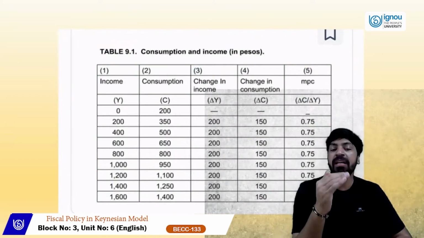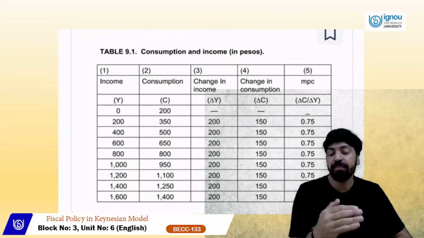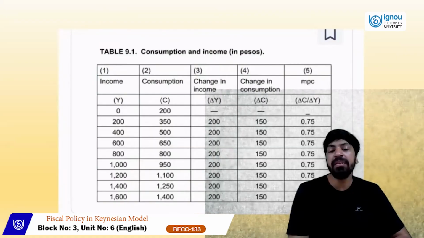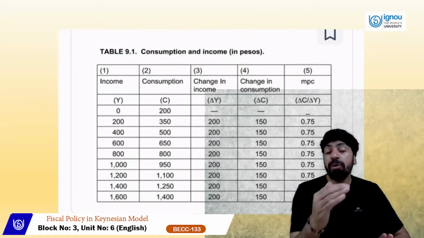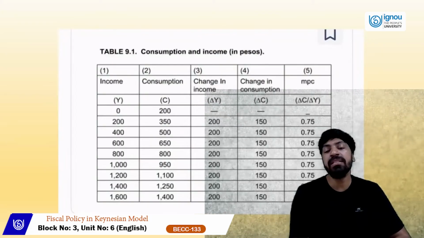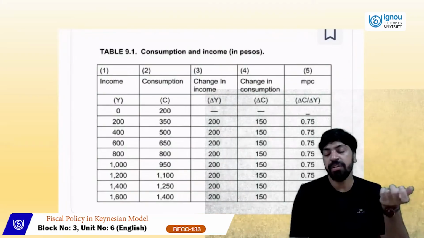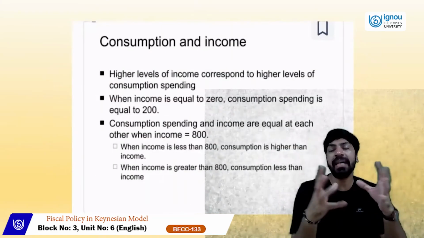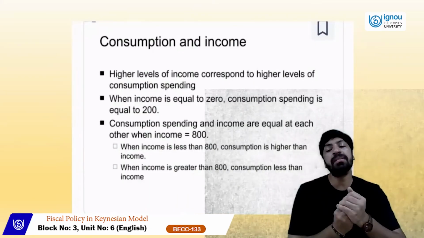If your income is more than 800 rupees, then automatically consumption will slide lower than the income. So the main concept is that if your income is greater than 800, consumption is less than the income.